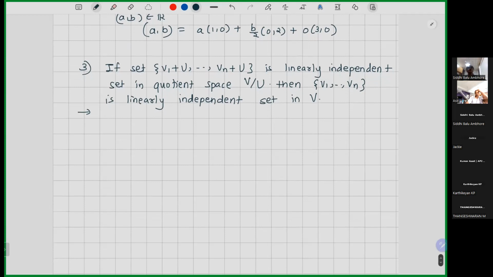So they are given that a set is linearly independent in the quotient space, and they are asking whether in our original space V it is linearly independent or not.